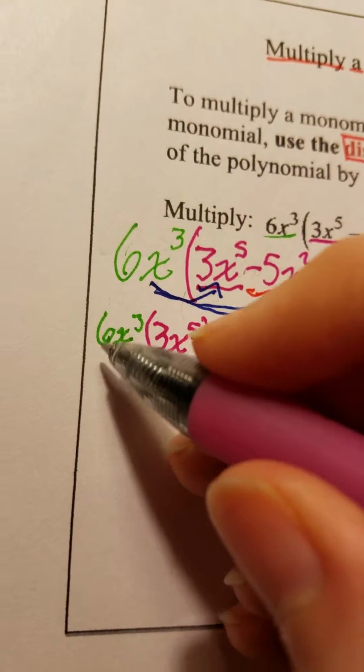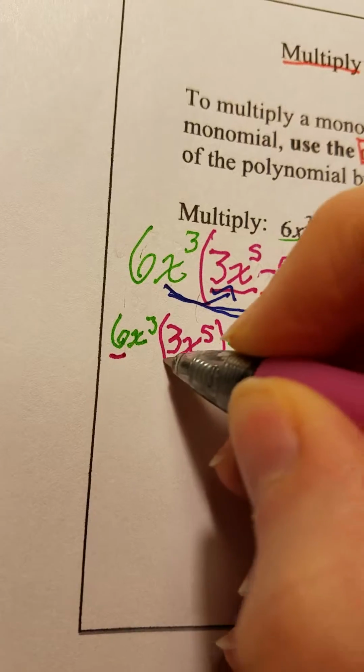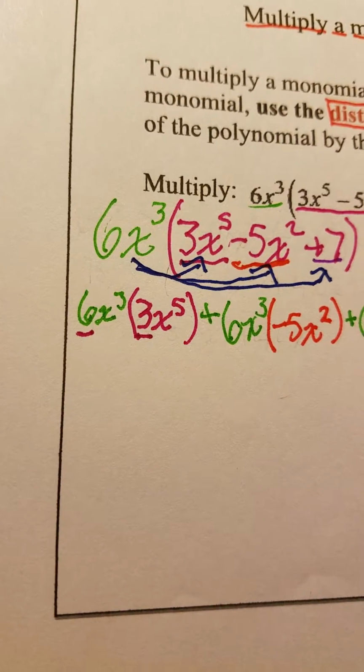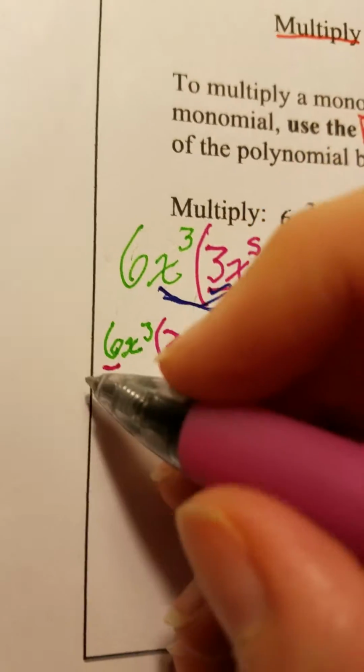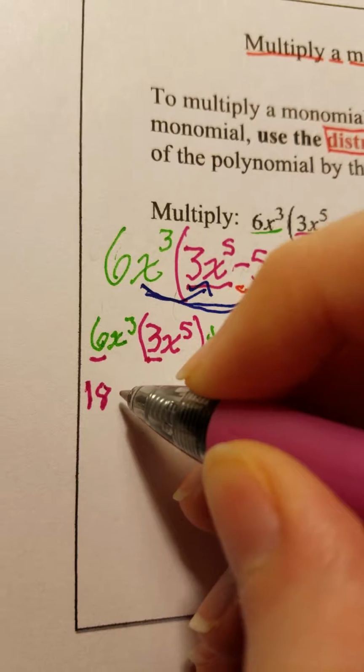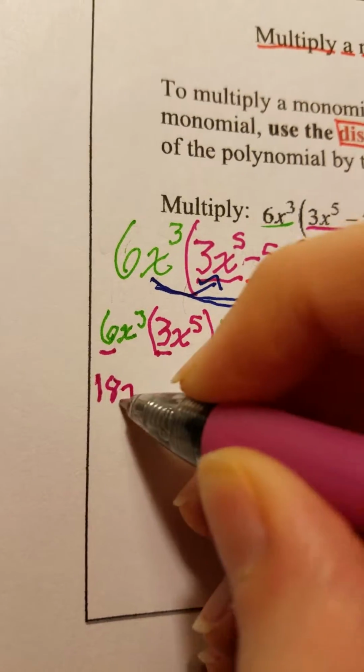So then you say, what is 6 times 3? Well, 6 times 3 is 18. So that would be 18x.